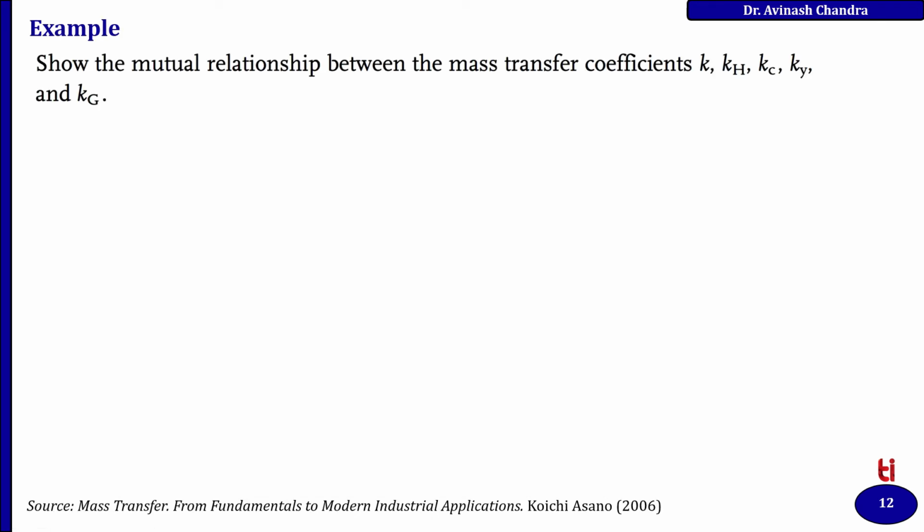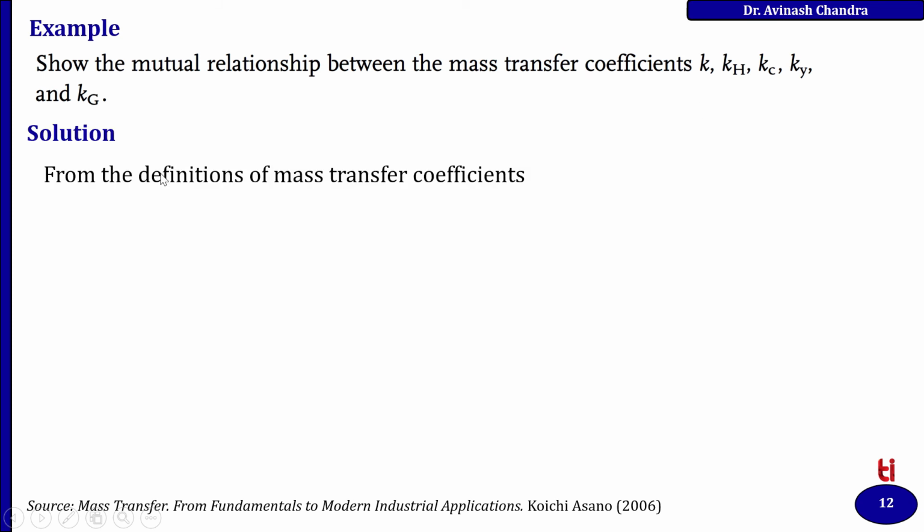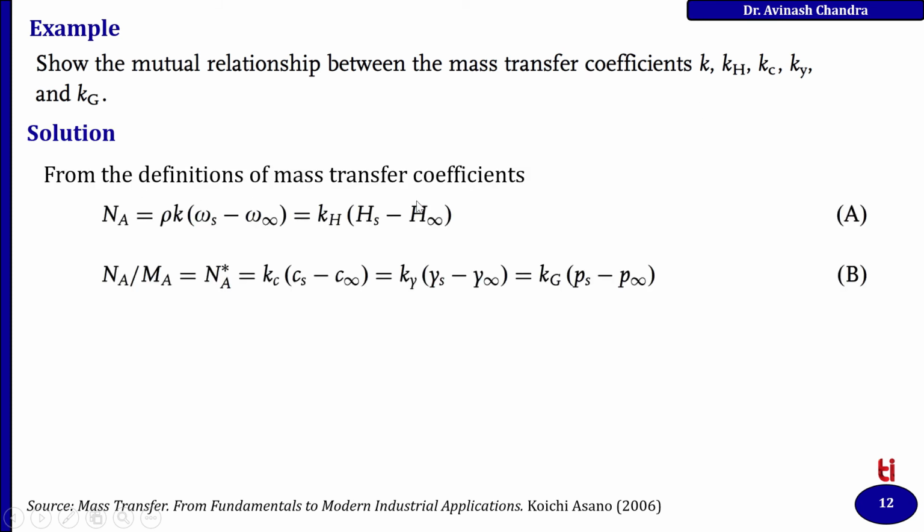Taking an example, the mutual relationship between the mass transfer coefficients K, Kh, Kc, Ky and Kg. From the definition of mass transfer coefficients, we know that N equals rho into K (Ws minus W infinity) equals Kh (H minus H infinity). So this is in terms of humidity, in terms of weight fraction.